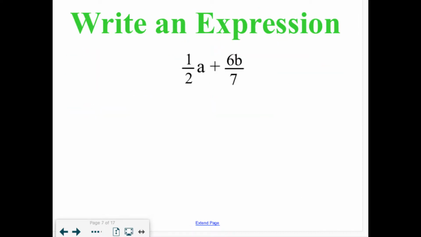So, part of this lesson focuses on if we are given an expression written out algebraically, can we put it back into a sentence, or can we speak it out loud so that someone else knows what's happening in this expression? There's a lot of different ways that you can write these out. I'm going to give you a couple. Again, that's not everything, but it's a good place to start.